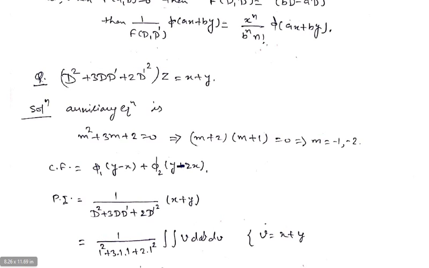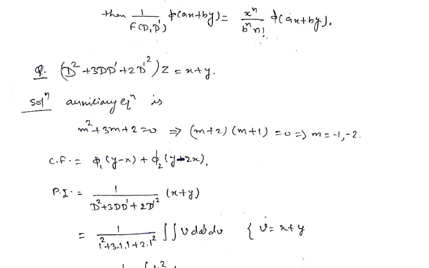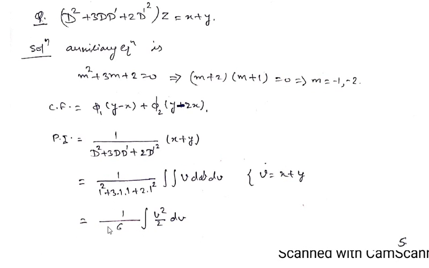And for 1 upon f(a, b), a is the coefficient of x and b is the coefficient of y. So replace D with a, that is 1, and replace D' with b, that is 1. So it becomes 1 squared plus 3 plus 2, that is 6, so 1 by 6.